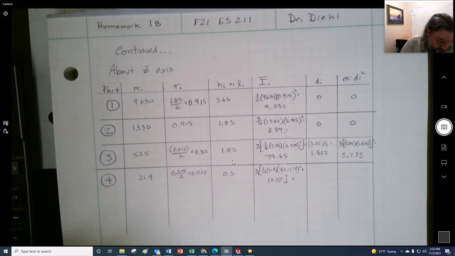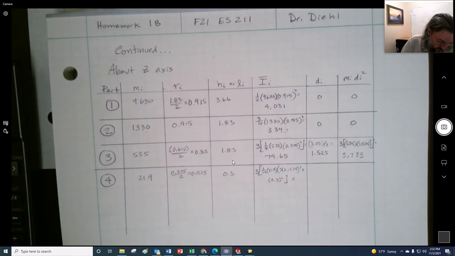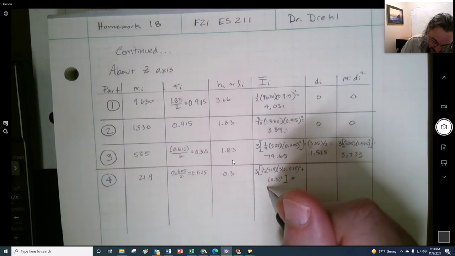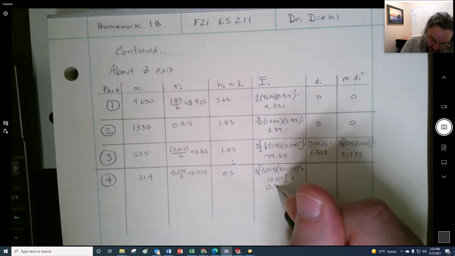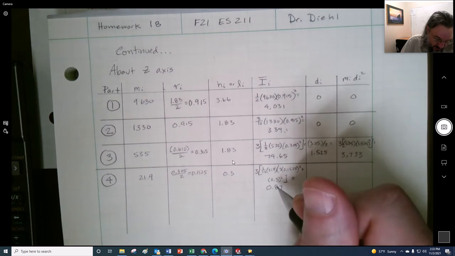So that's squared times 3, 0.3 squared, and add it together. Multiply by 21.9, divide it by 12, multiply it by 3. It doesn't have a whole lot, right? It's a pretty small number, and it's really just sort of an error compared to these others, right? It's not going to do a whole lot.